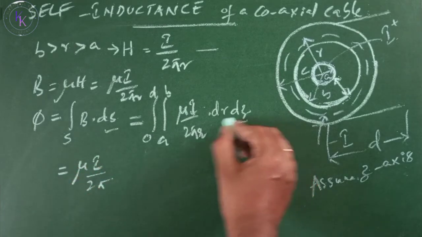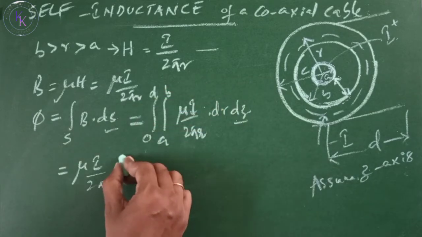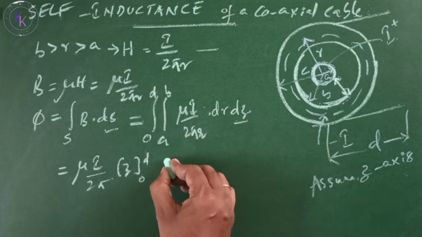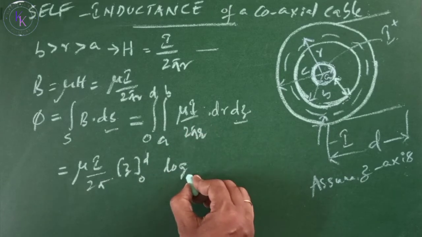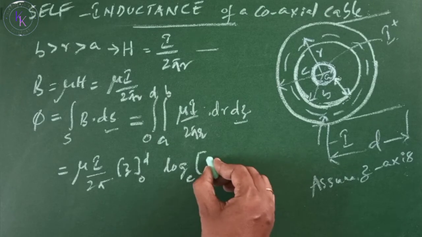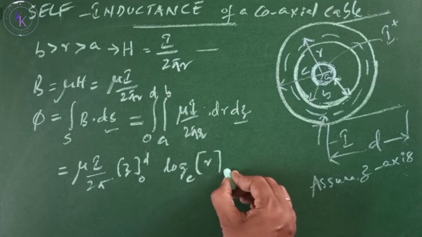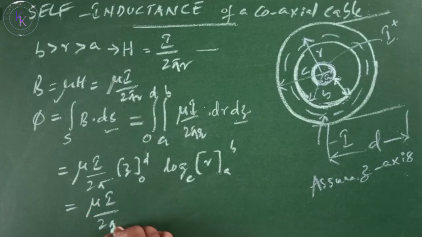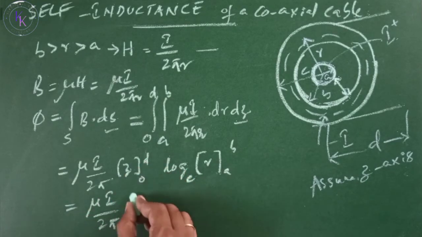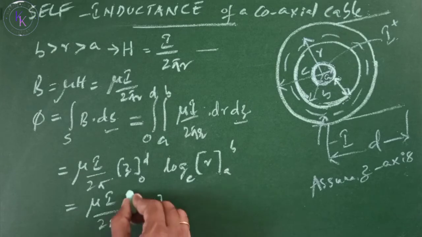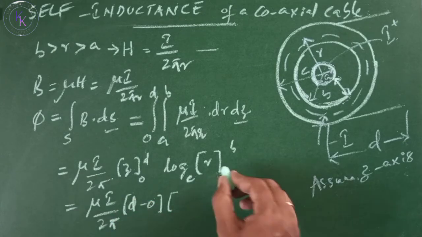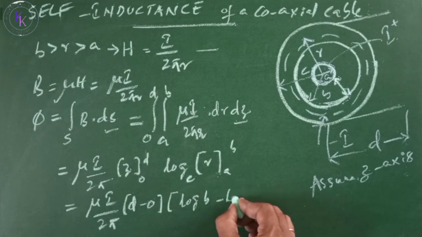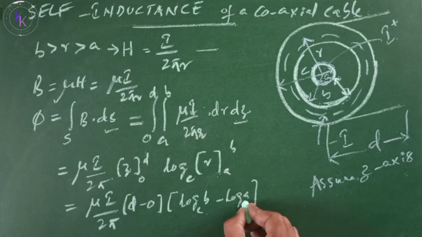If you integrate along z, that is z from 0 to d, along r, that is 1 by r, so log to the base e along r from A to B. Substitute, this will be mu I by 2 pi times D minus Z multiplied by log B minus log A to the base e.